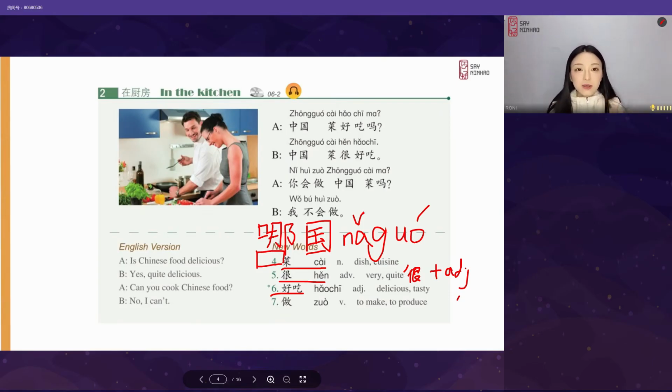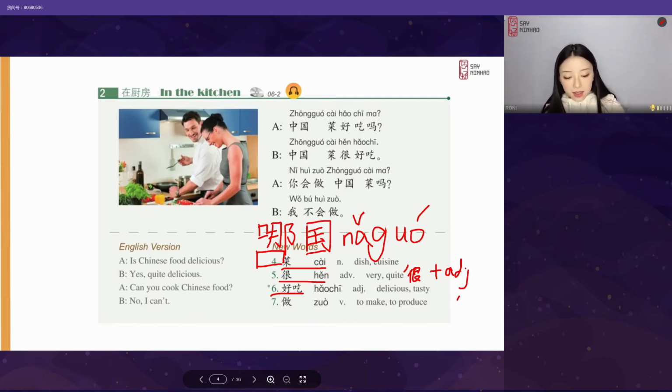It eats good, which means it tastes good, the thing is delicious. So it is an adjective which means delicious, tasty. 好吃, read after me please. 好吃, delicious.